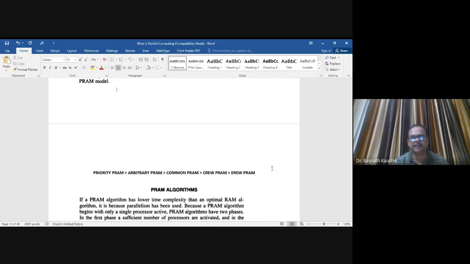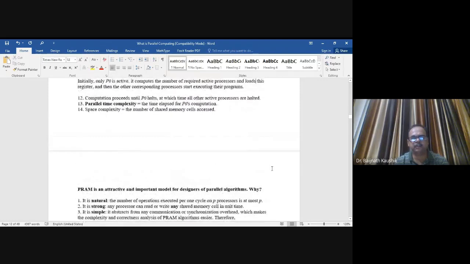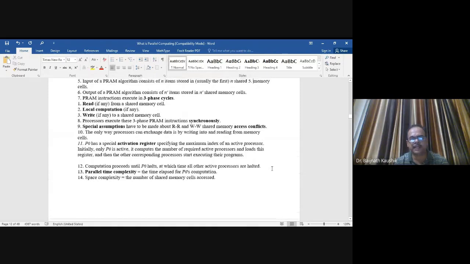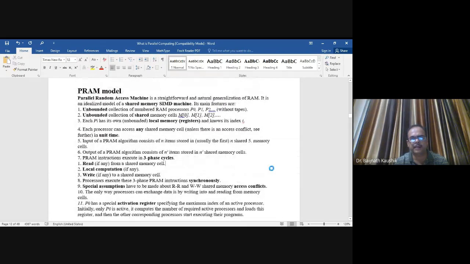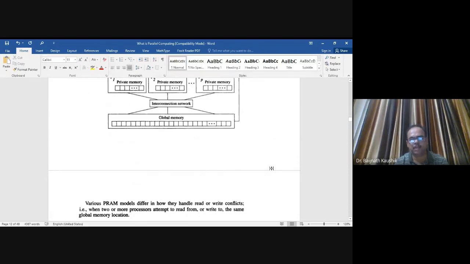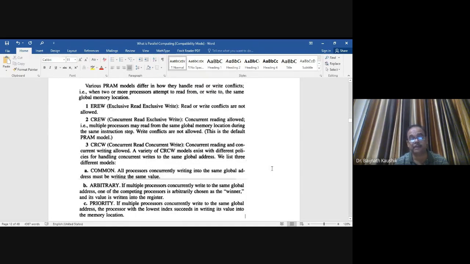In this lecture, we have discussed the features of the PRAM model, some of the characteristic features and different types of PRAM model, and we compared the performance of each PRAM model: which is better and how, and what the different types of CRCW model are, which is powerful and which is less powerful.